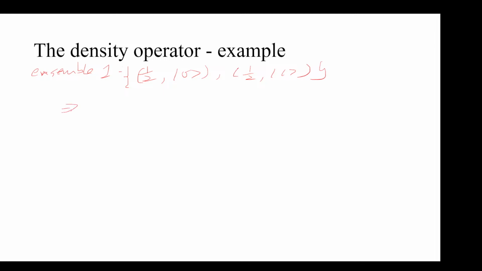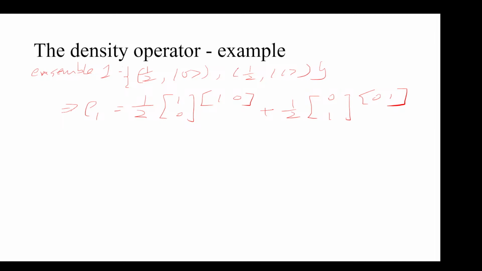Then we can have rho 1 equal to, now let's just write down things: 1/2 and the projection on 0, so this is ket 1 0 times bra 1 0, plus 1/2 ket 0 1 times bra 0 1.